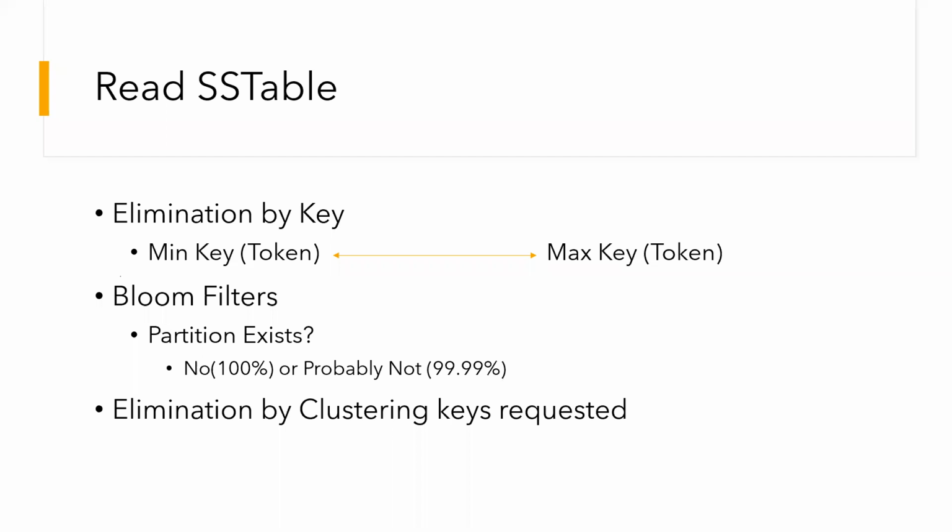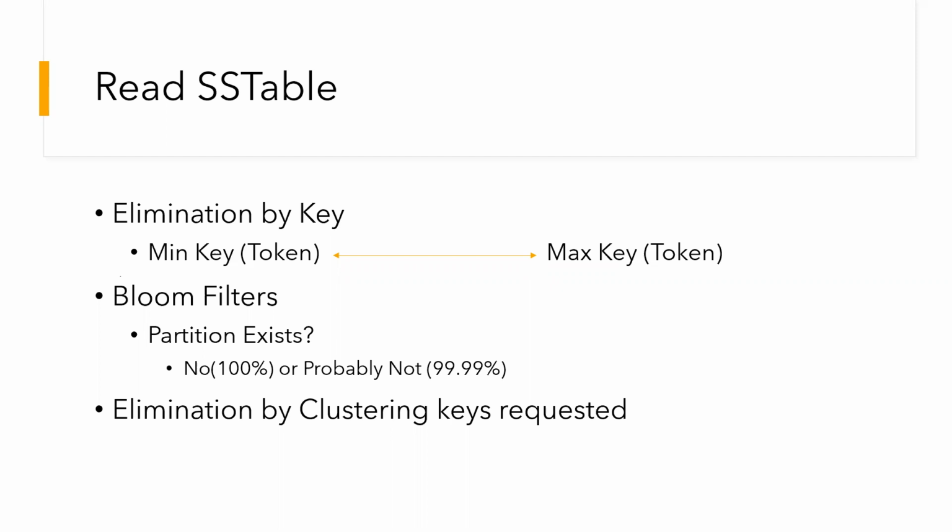The second is Bloom filters, like I was saying. If it says no, it is for sure not there. If it says yes, that is where the probabilistic response comes in. Maybe I'm being a little confusing here, but yeah.